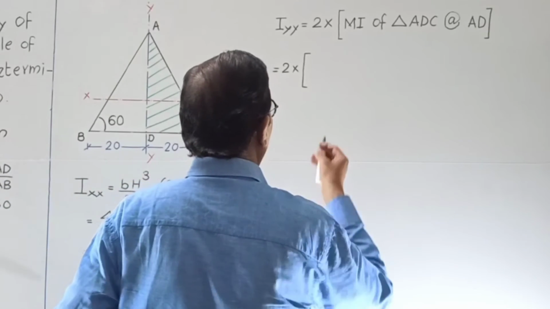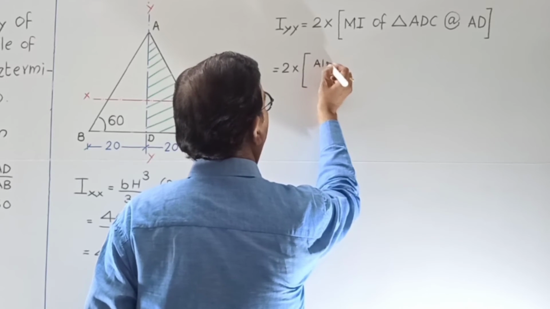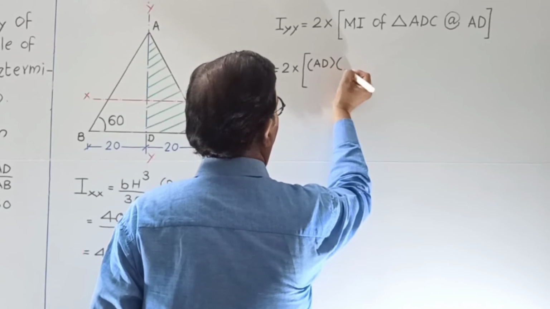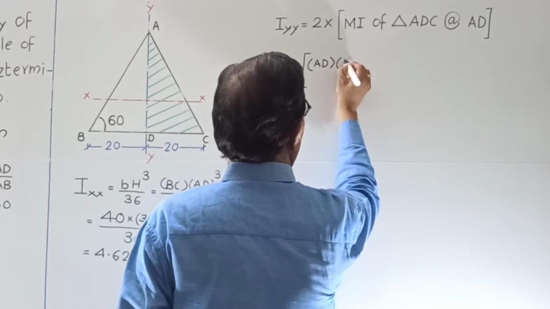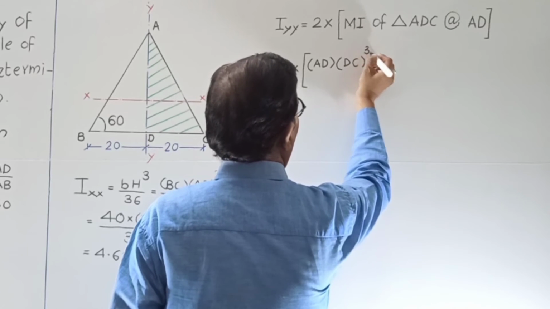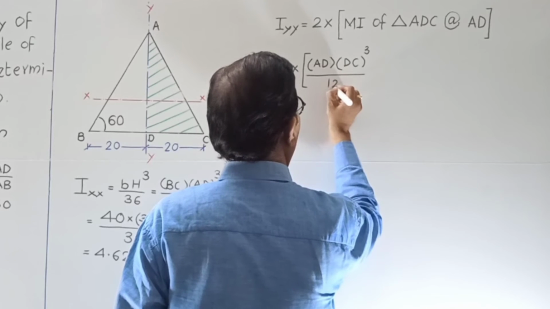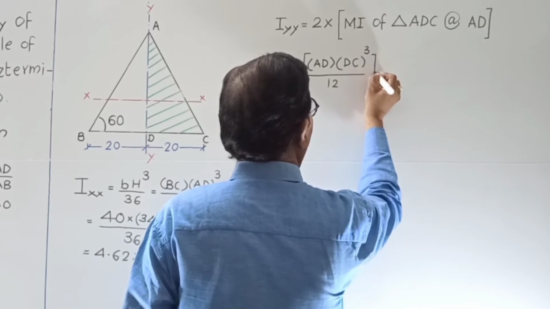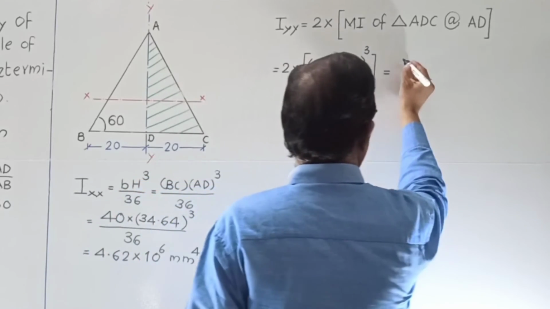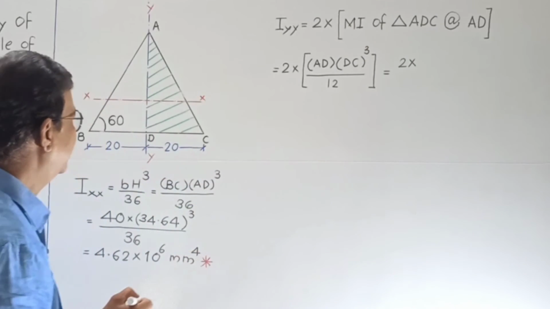So B, that is AD, into H cube, that is DC cube, divided by 12. Substitute 2 multiplied by, what is AD?